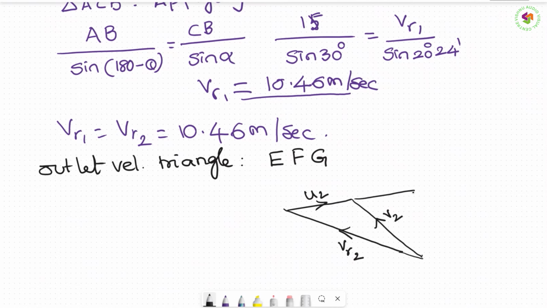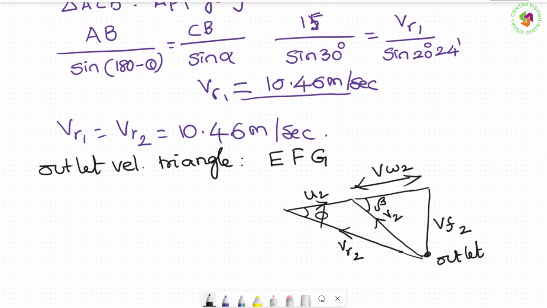Then if you extend, V2 makes angle beta and VR2 makes angle phi, and this one is VW2, this is VF2. This part is the outlet.